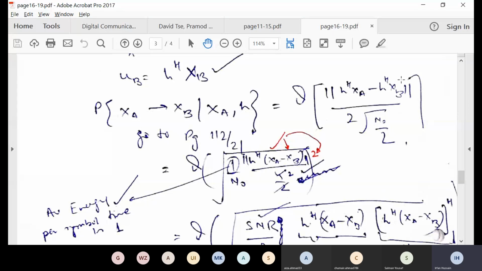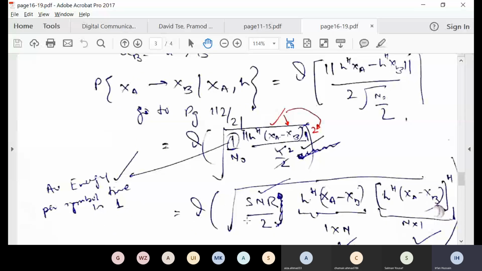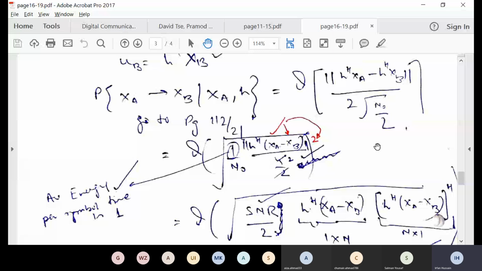This will become 4, and this 2 cancels with 4. This will become 2. All right. So n0 is the total under root, so 1 over n0 is my SNR. This will become SNR. And here you have this mod. This will become mod of square, because this comes inside the under root.